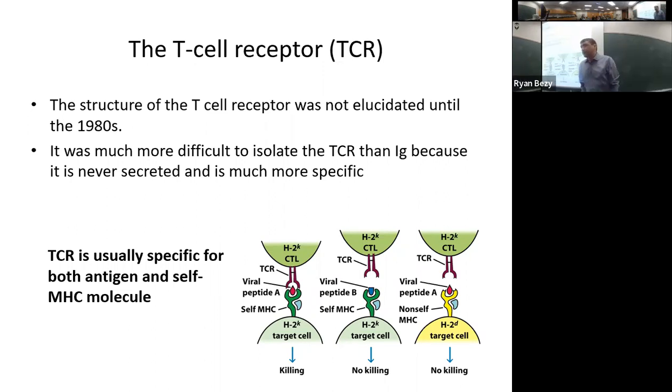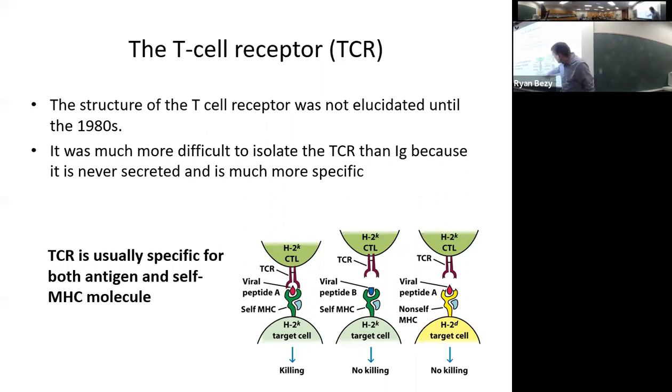The other big problem is that the T cell receptor does not sense free antigen. The B cell receptor and antibodies can detect antigen that's free floating all by itself. Remember, the T cell receptor doesn't sense free antigen. It only senses antigen that's been complexed to an MHC, a major histocompatibility molecule.